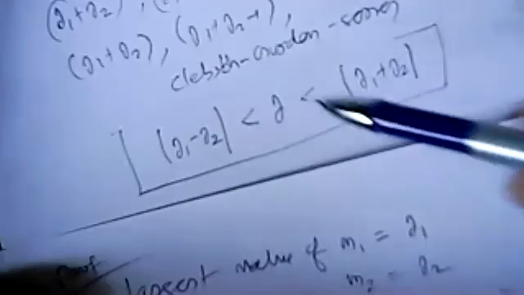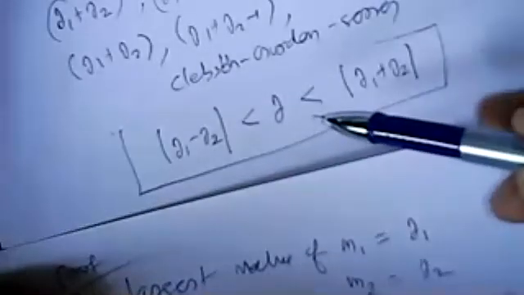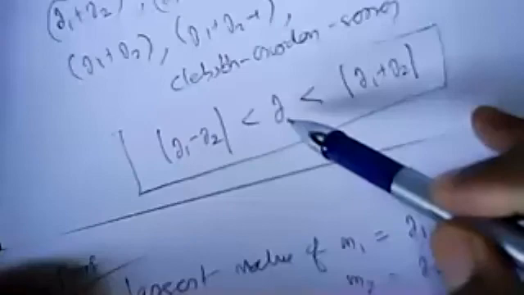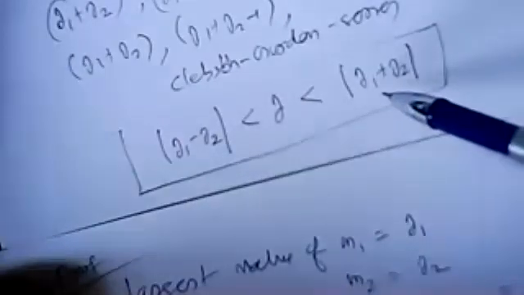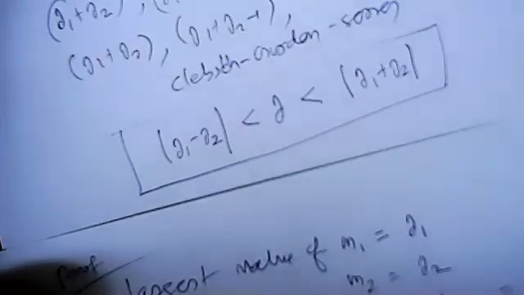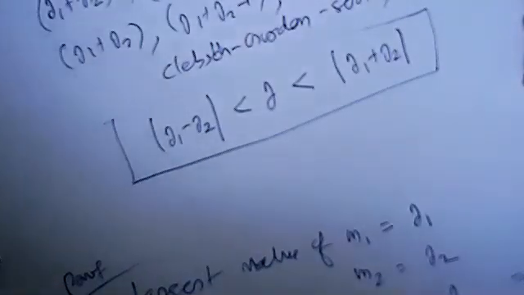So if these 2 selection rules, first one M equal to M1 plus M2, second selection rule, this J varies between J1 minus J2 and J1 plus J2. Under these selection rules, we can learn how to obtain the formula for Clebsch-Gordon coefficients.